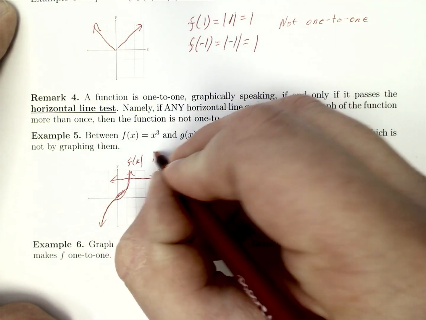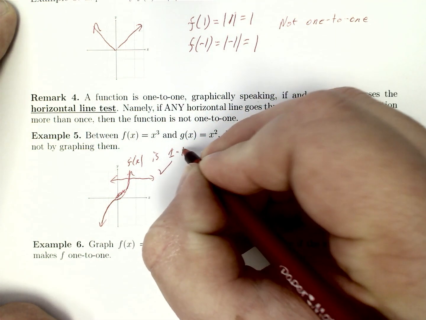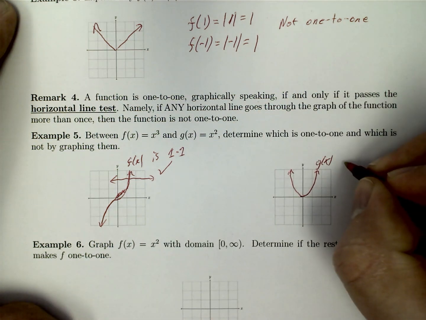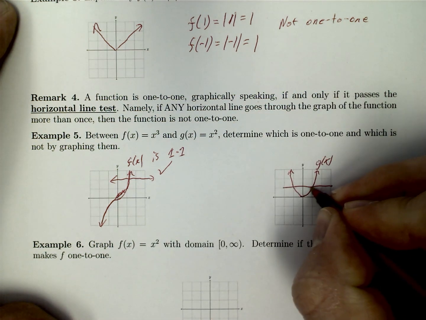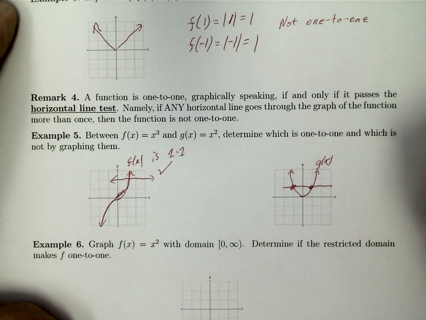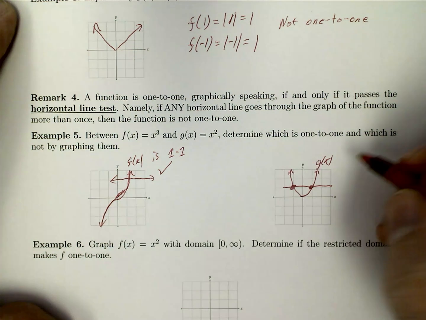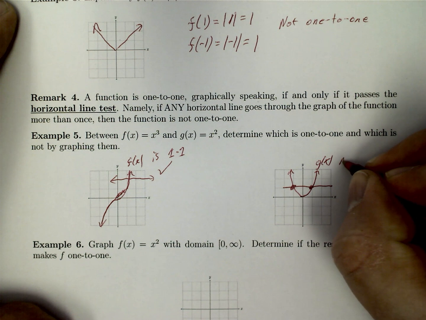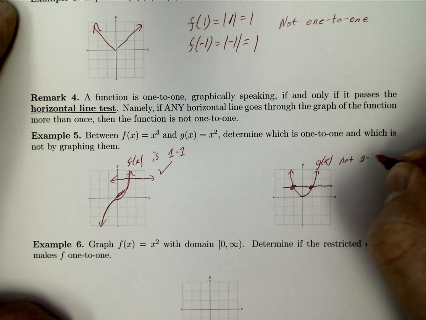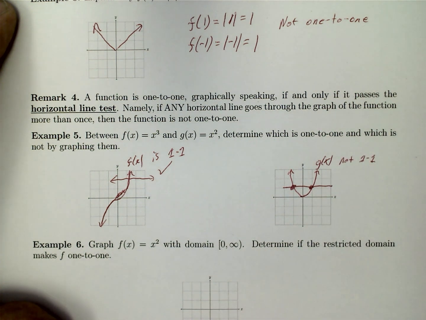So f of x is one-to-one. But g of x does not pass the horizontal line test. They're both functions, but f of x is one-to-one while g of x is not. So not one-to-one. All right.